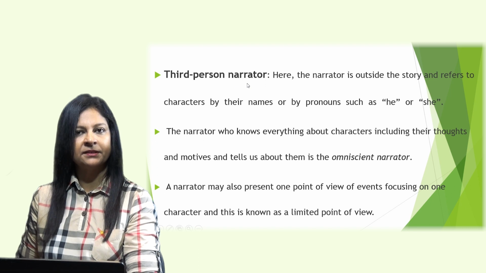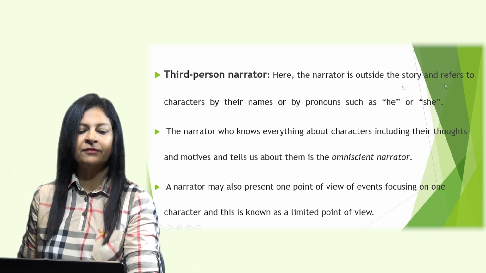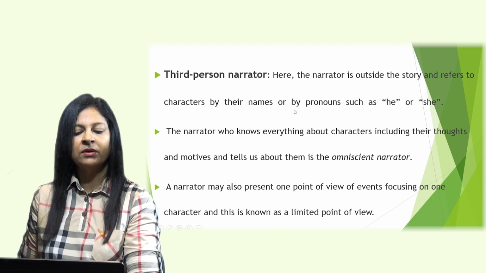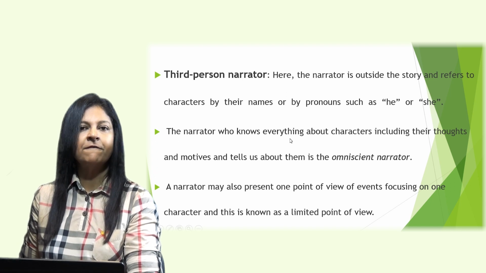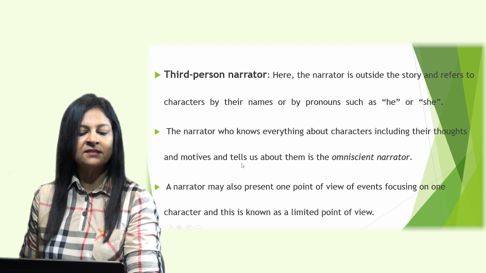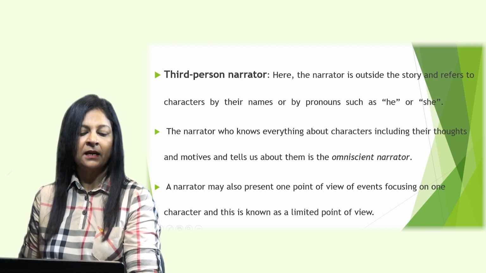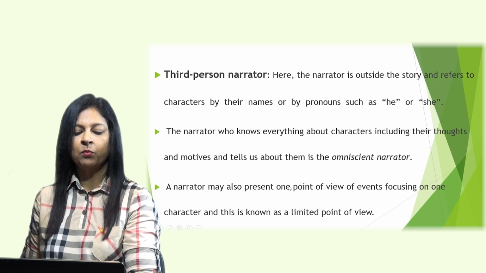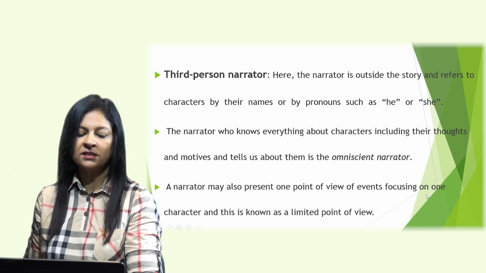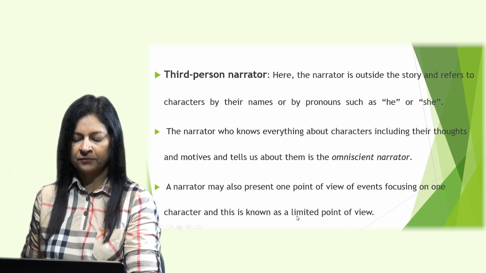Third person narrator: here the narrator is outside the story and refers to characters by their names or by pronouns such as he or she. A narrator who knows everything about characters, including their thoughts and motives, and tells us about them is an omniscient narrator. A narrator may also present one point of view, even focusing on one character, and this is known as a limited point of view.